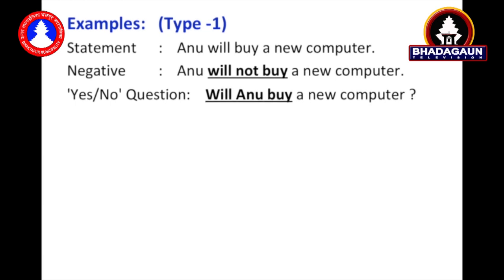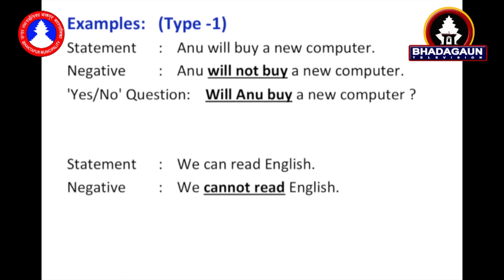Okay, let's take another example. The example is: we can read English. Here also, my dear students, we have an auxiliary verb. What is the auxiliary here? Can. Okay, and you can guess, what is the negative? Its negative is we cannot read English. And not is supplied here next to can because can is an auxiliary verb.